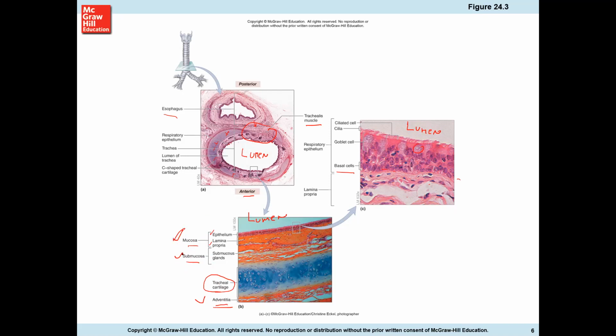Mucosa inner, submucosa in the middle, then adventitia on the external. Clear as a bell. So this is the histology of the trachea, which I really need you to know. Take note of all those layers and structures, and note these semicircular cartilaginous rings, which is hyaline cartilage that is not complete. In the back, it's the trachealis muscle.